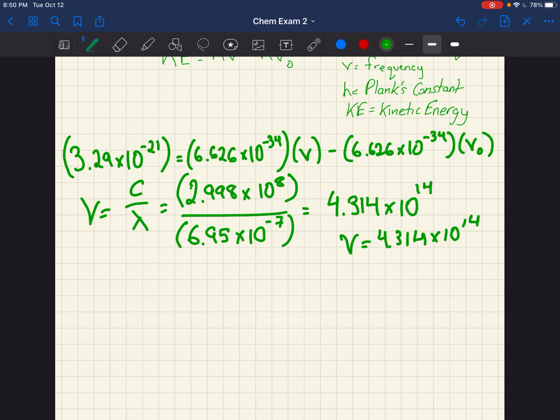I'll give you guys the full equation, and then you guys can sort of solve from there.